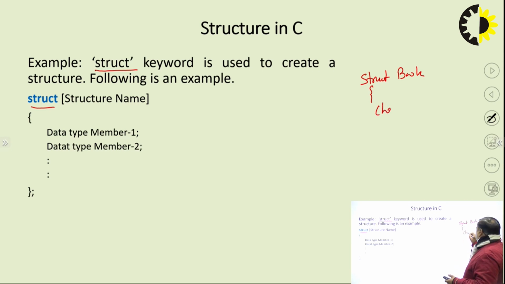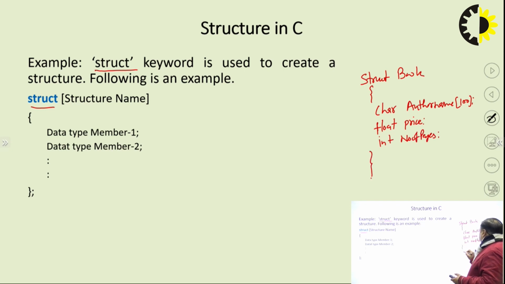We require a name of the author, so we can create author name. We can have price using float type, float price. We can have integer type, number of pages. So we can create a structure like this.